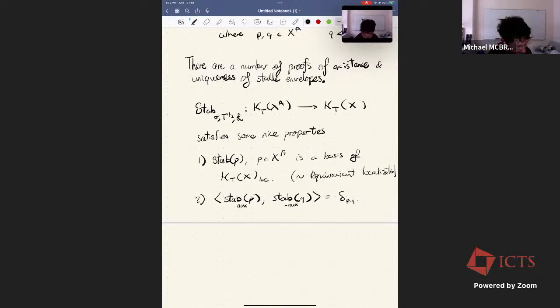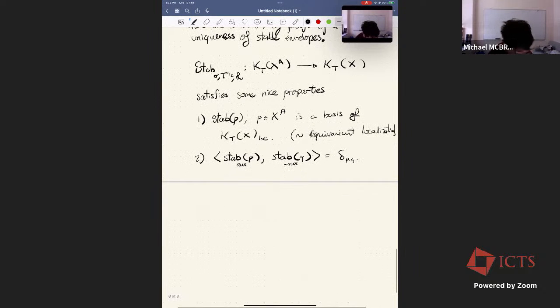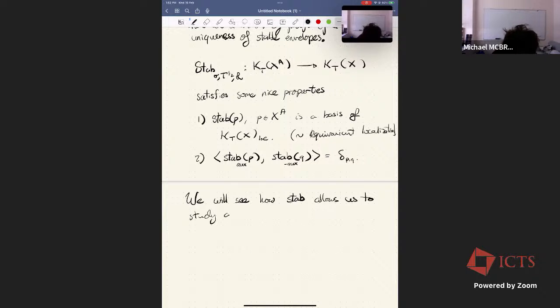Maybe this should convince you that this is a cool map. But in a moment, I'm going to show that it has something to do with quasimaps, hence the relationship to this conference. We will see how stab, the stable basis, allows us to study quasimap invariants. This particular application I'm quoting from a paper of Aganagic and Okounkov on elliptic stable envelopes.